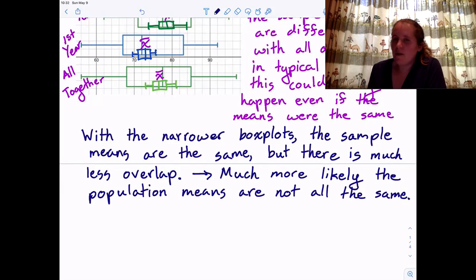So somehow when we go to measure how different the sample means are and how likely that means the population means are different, we need to incorporate both the variation in the sample means, as well as how spread out each individual sample was.